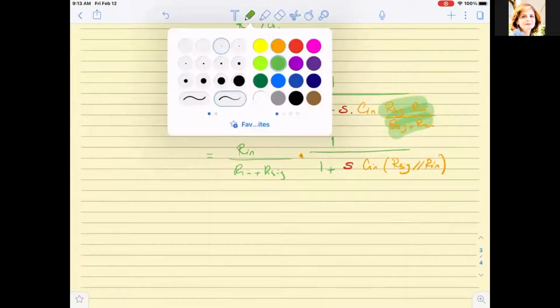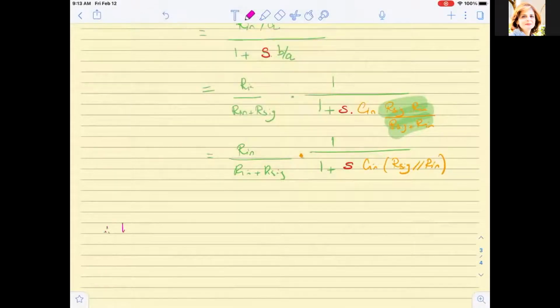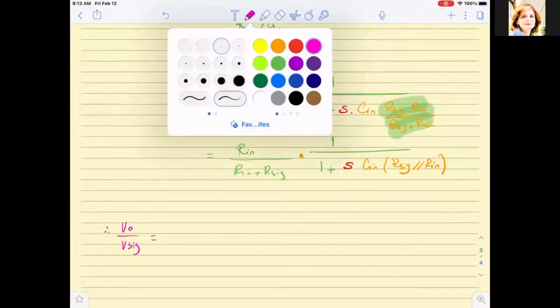Therefore, if I go back to the full term, Vo over V sig, let us summarize it now.